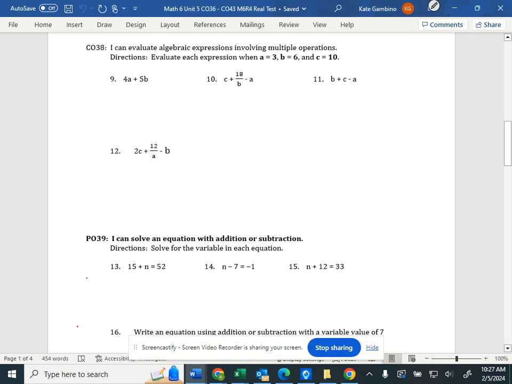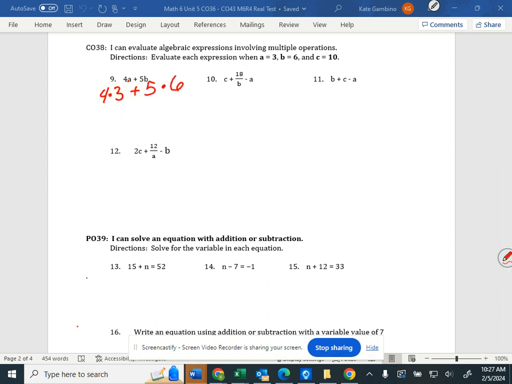Any other questions on the multiplying or dividing? Okay. Algebraic expressions, putting in our numbers. Some of us were confusing ourselves about the order of operations. The first thing you do is fill in the value of your variable into your expression.